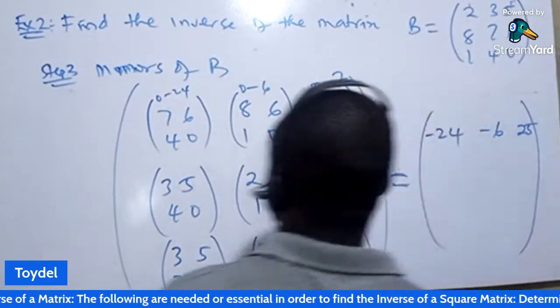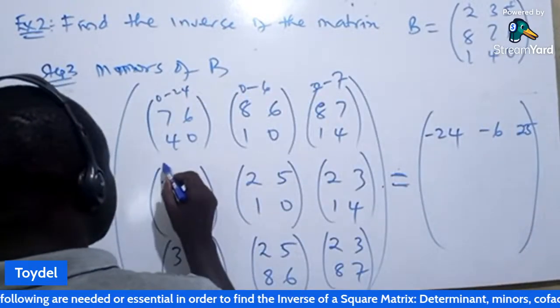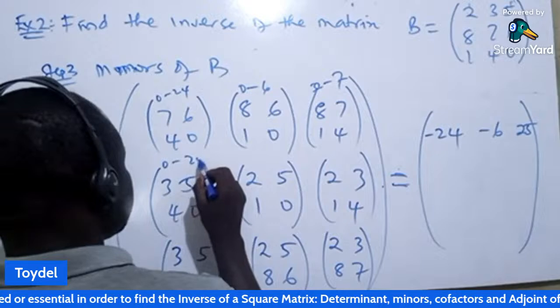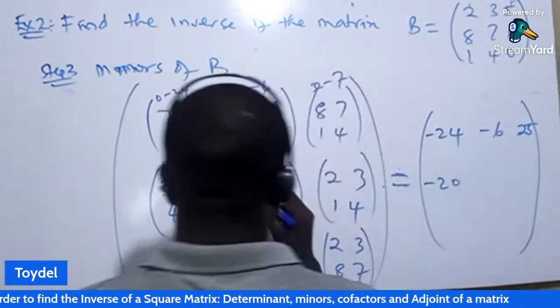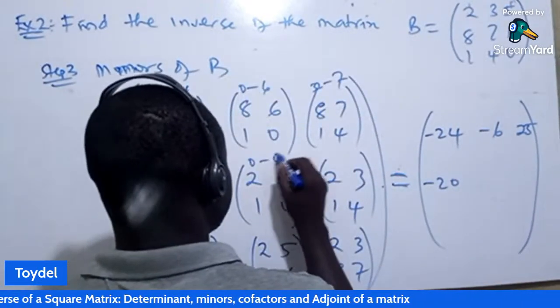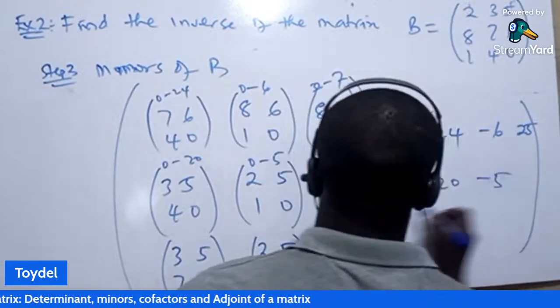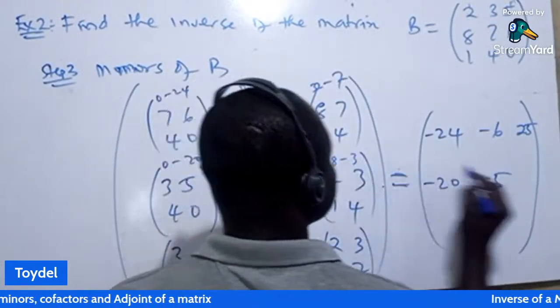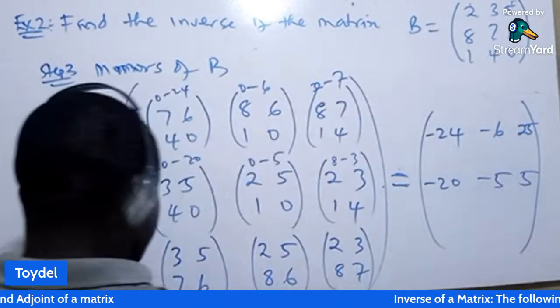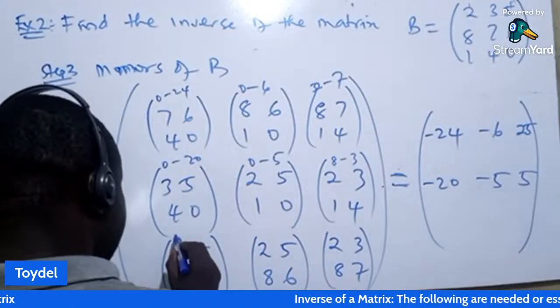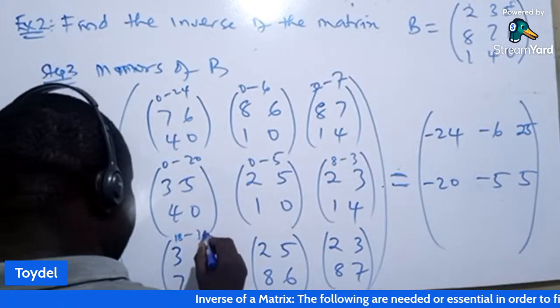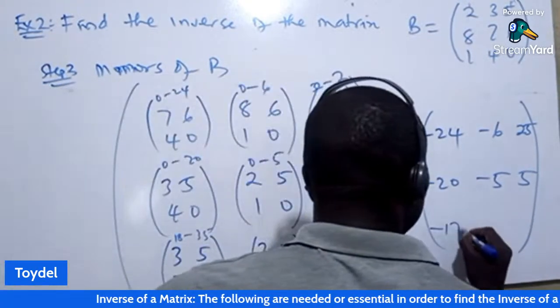Then we go to the second row. 3 times 0, 0 minus 4 times 5, 20, that's minus 20. 2 times 0, 0 minus 5, that's minus 5. Then 4 times 2, 8 minus 3, that is 5. We go to the third row. 3 times 6, 18 minus 7 times 5, 35, that's minus 17.